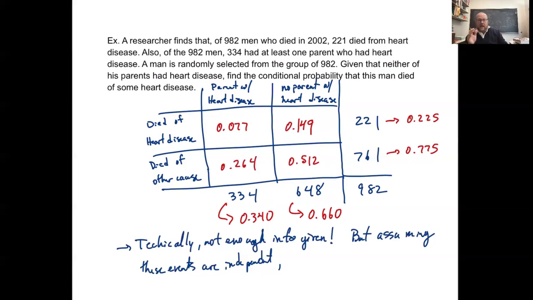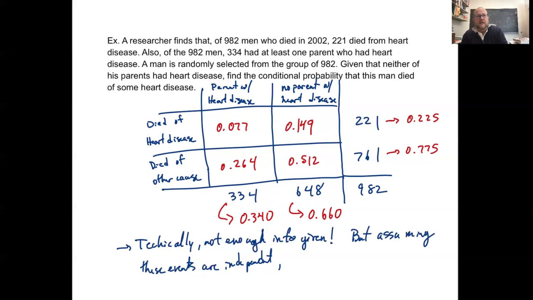Now, if those don't add up correctly, the reason is because I rounded. It's not that somehow the laws of probability have broken and you can just do whatever you want. It's just that I've rounded things so they may end up being off. But the question asks to find the conditional probability that this man died of some heart disease. Oh, sorry.